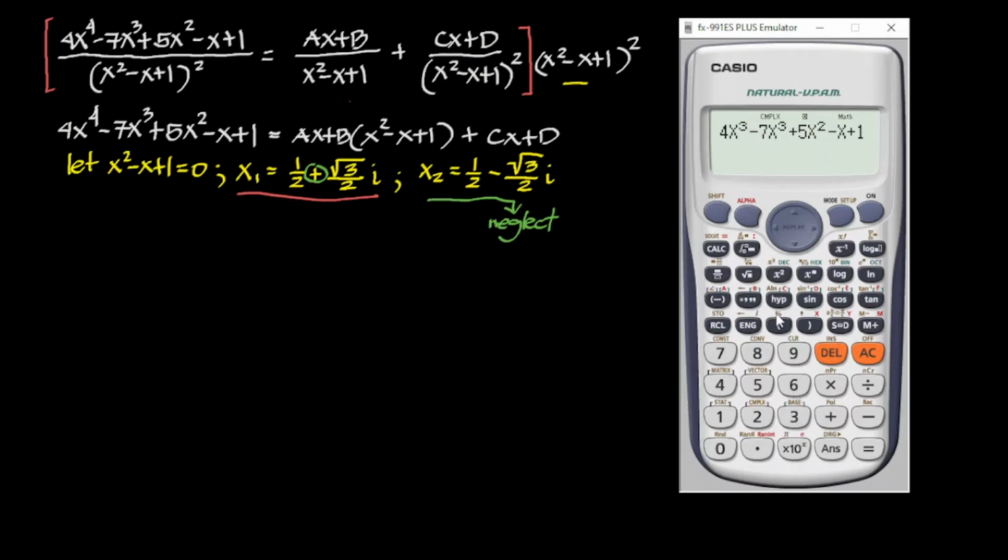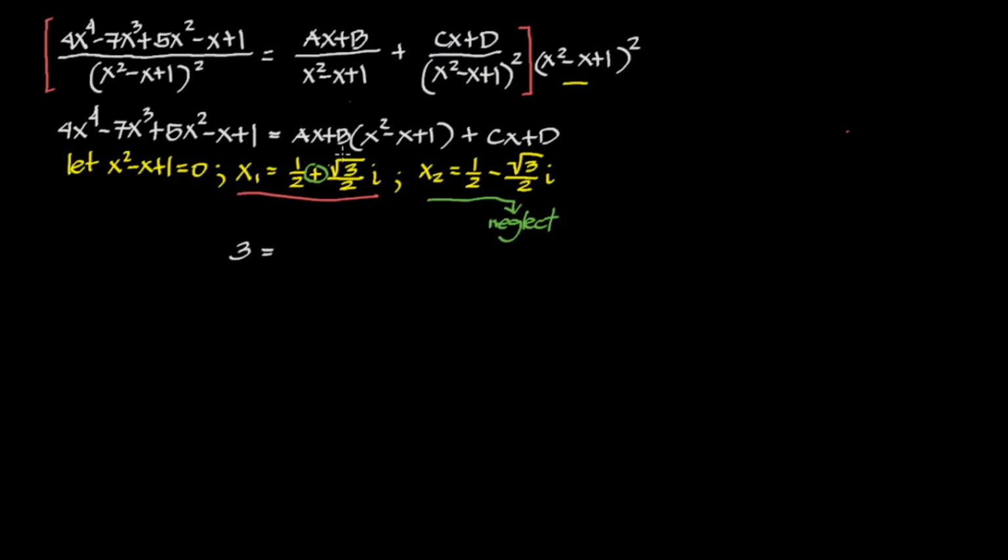Tapos, lagyan lang natin dito, mag-multiply tayo ng isang x para x raised to the power of 4 pa rin siya. Pero ang naka-input is cube. Okay? Then, press calc again. Then, same lang yung value. Then, press equals. Ayan. So, ibig sabihin, ang value nito, kapag na-input mo sa 1/2 plus square root of 3 over 2 I, so ang sagot is 3.